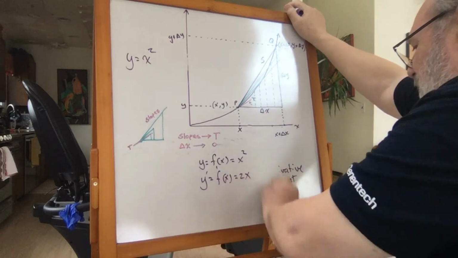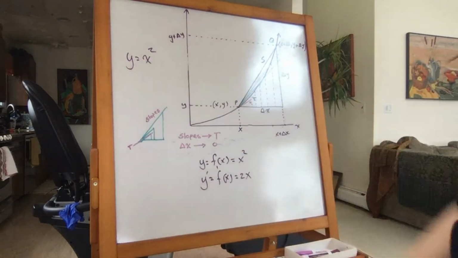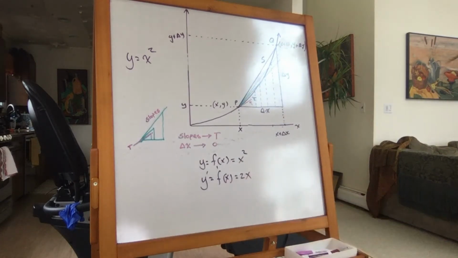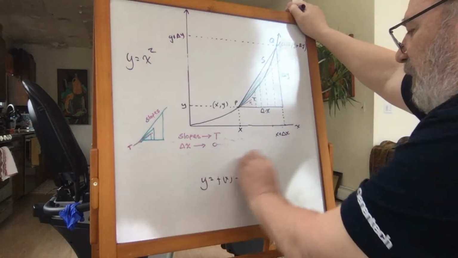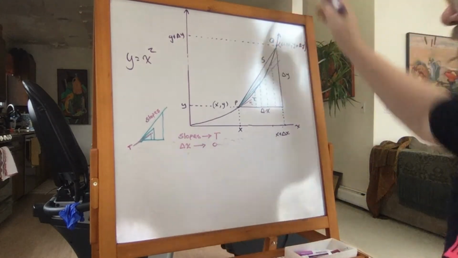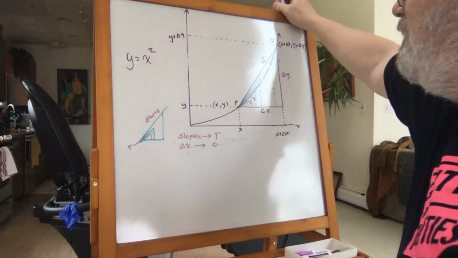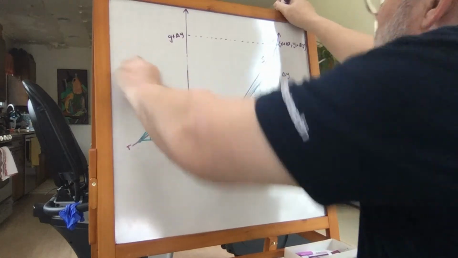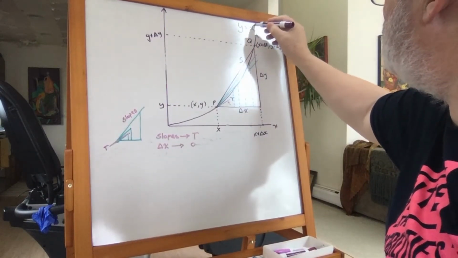So for our function y equals x squared, we have a derivative there. And we can do this for any polynomial. Let's say, this was y equals x squared.